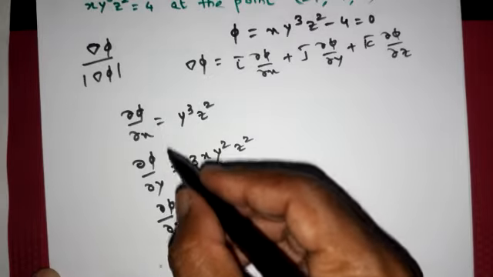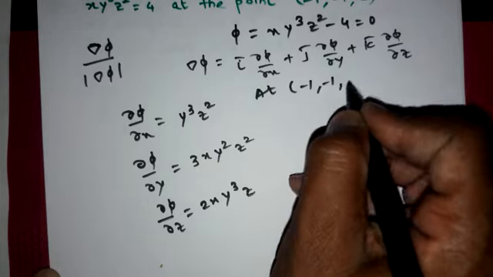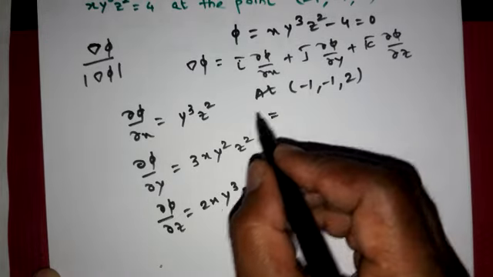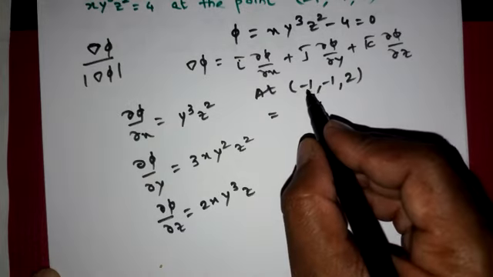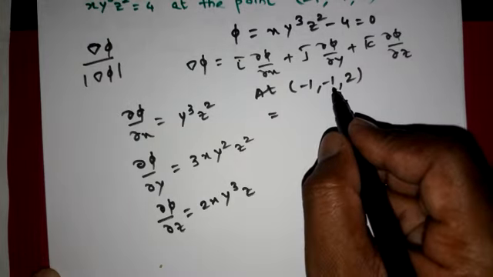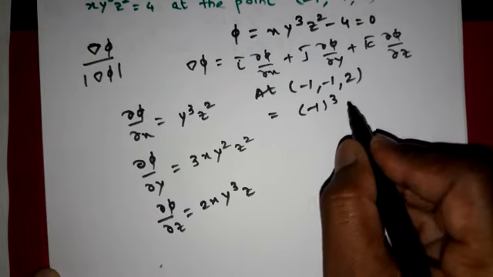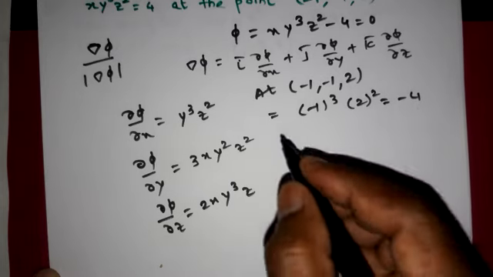Okay. Now all these 3 values we can find at the point (−1, −1, 2) in this step. So it becomes easier for us. Just like here, x equal to minus 1, y equal to minus 1, z equal to 2. So (−1) cube into 2 square, our answer is minus 4.